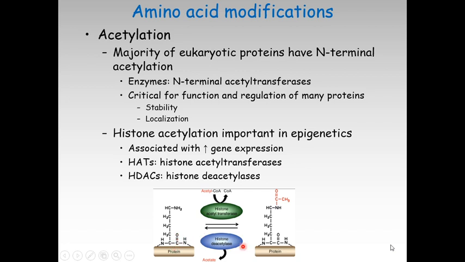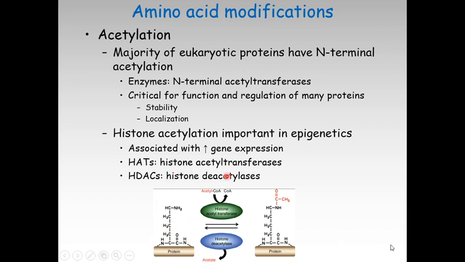So if you were to look at this figure that is shown here, a lysine side chain gets acetylated by histone acetyltransferases, where it adds an acetyl group to the side chain amine. Whereas histone deacetylases remove this acetyl group and bring back the original protein amino acid, that is just a lysine.